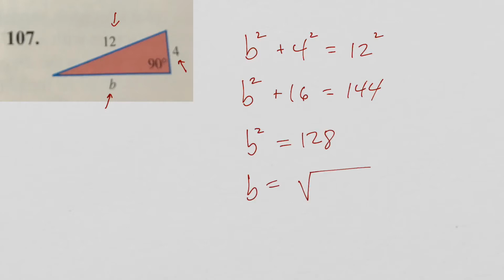And again, I'm a broken record. Normally you'd have plus and minus, but this is a physical dimension, so we only have the positive. I'm going to write this as the square root of 64 times 2. When we square root the 64, we get 8. So this is going to be equal to 8 times the square root of 2.